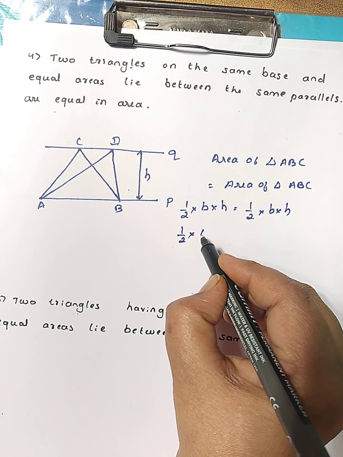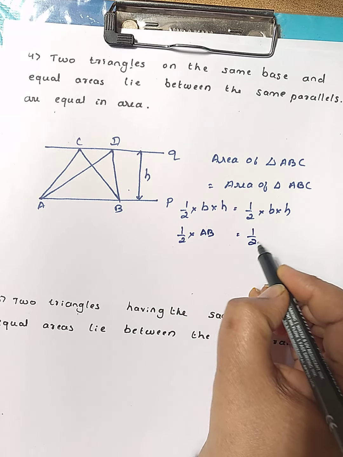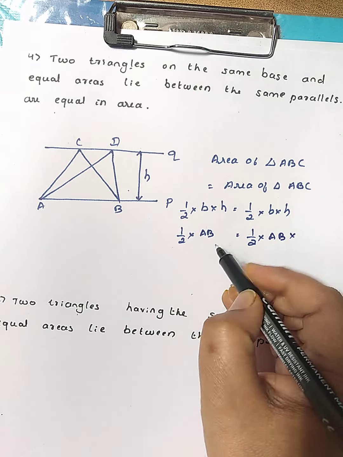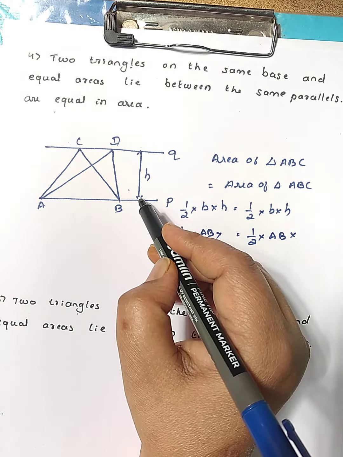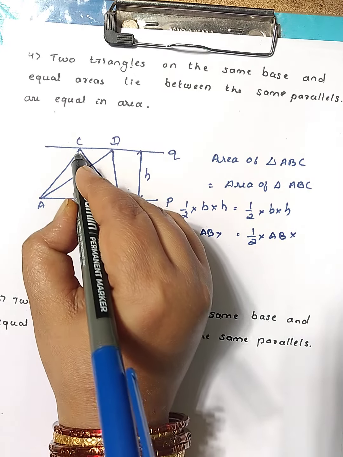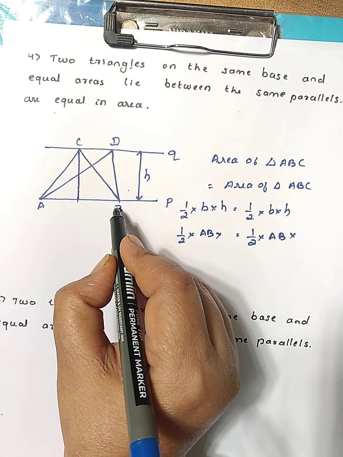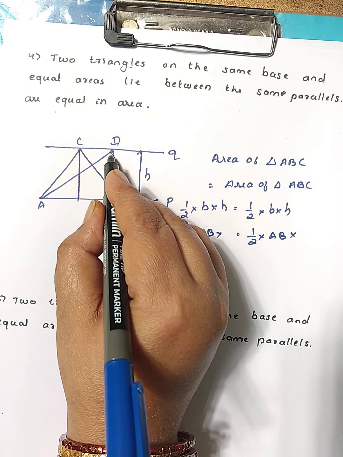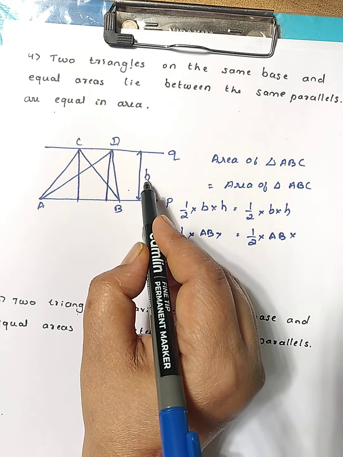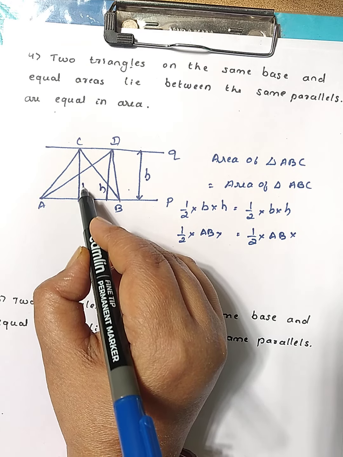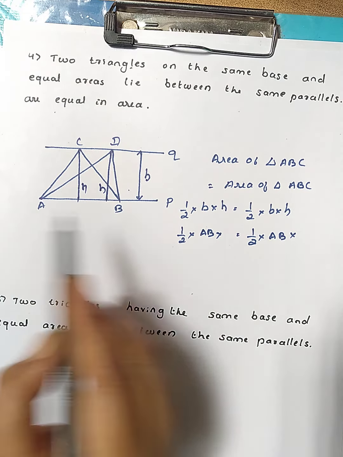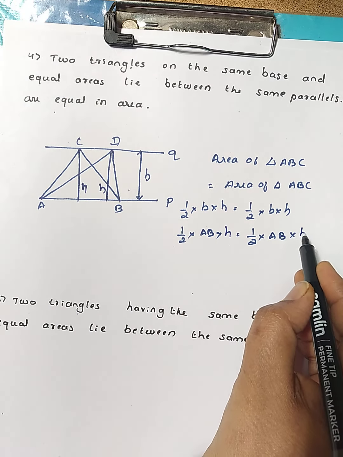It is the same, AB. And the height is the same: if we draw a perpendicular for triangle ABC and for triangle ABD, all of these are the same. This is also H, this is also H, because H is between the two parallel lines here.